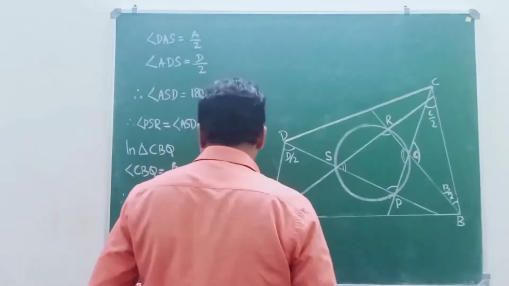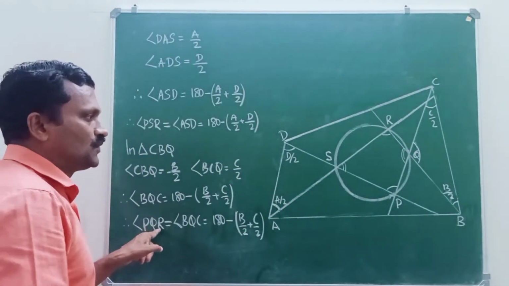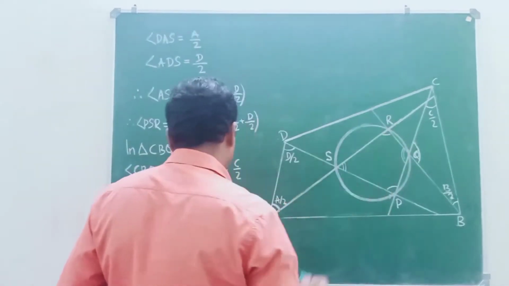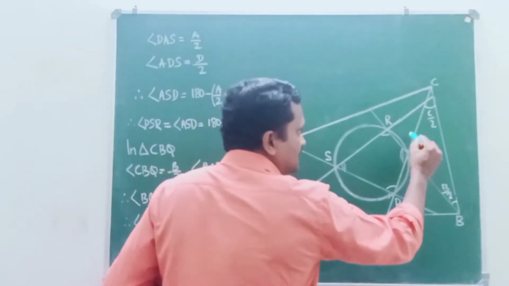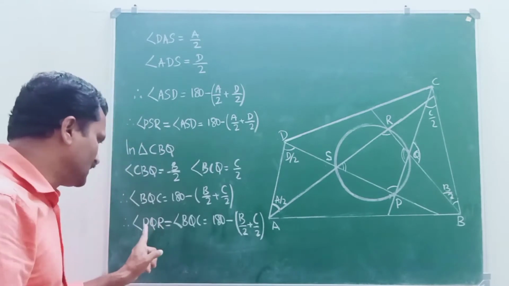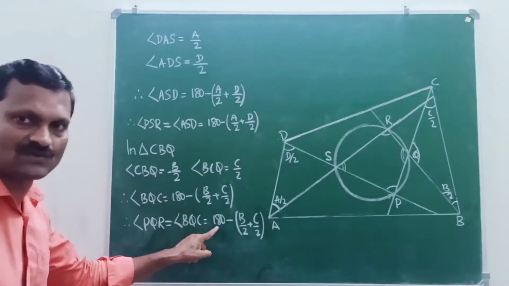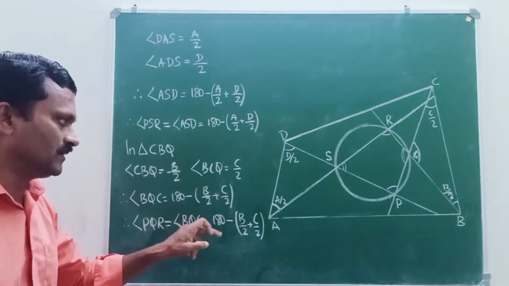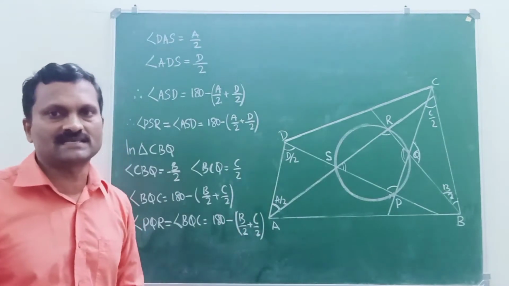Also, angle PQR and angle BQC are equal, vertically opposite angles. Therefore, angle PQR is also 180 minus (B by 2 plus C by 2).